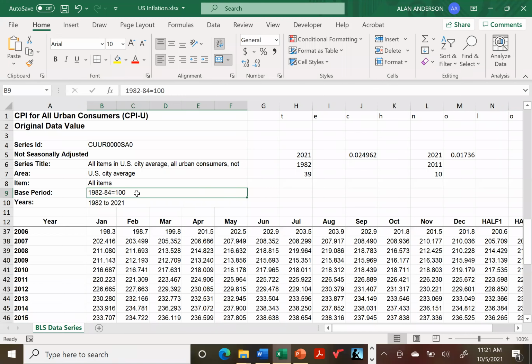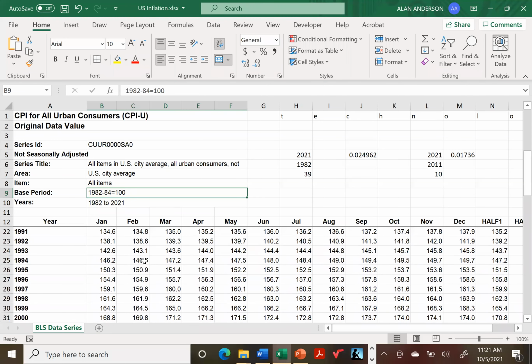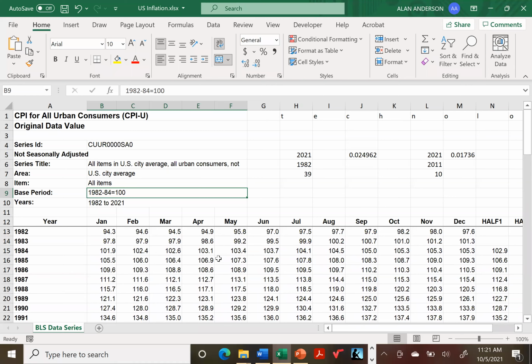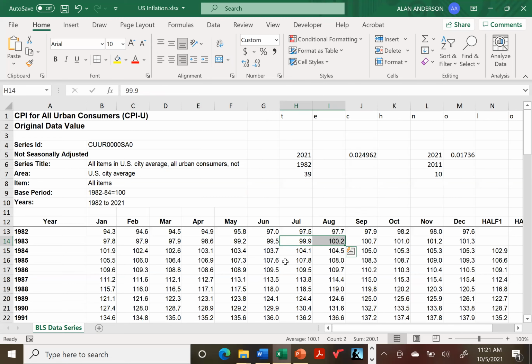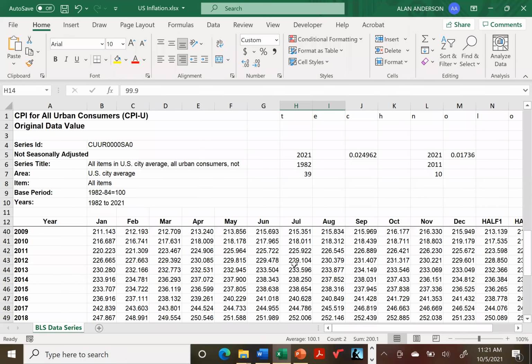And in this case, the base year happens to be the range between 1982 and 1984. And so let's go back to that year right about here. And what they do is they set that time frame, it's right about here, equal to 100. So that way, every year after that, these numbers reflect how much prices have gone up since the base year.